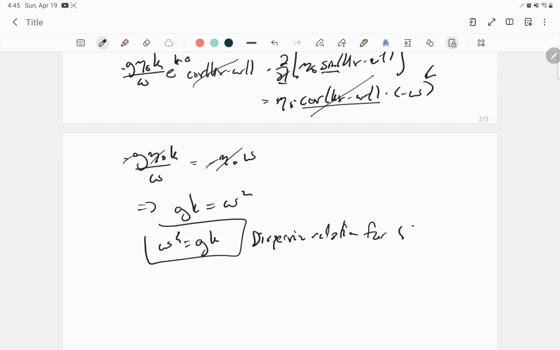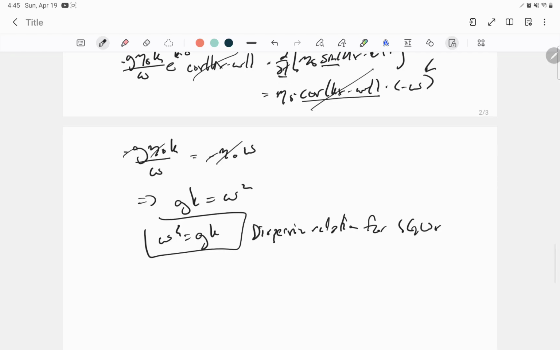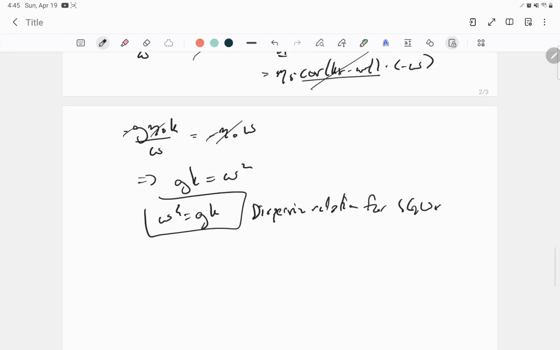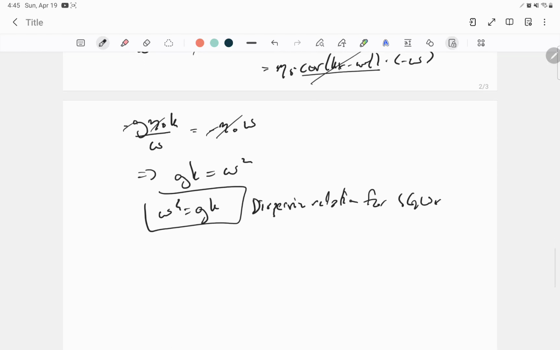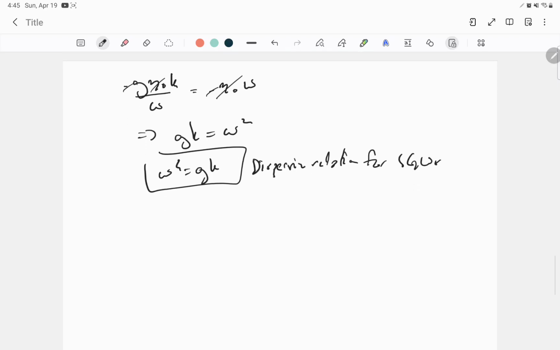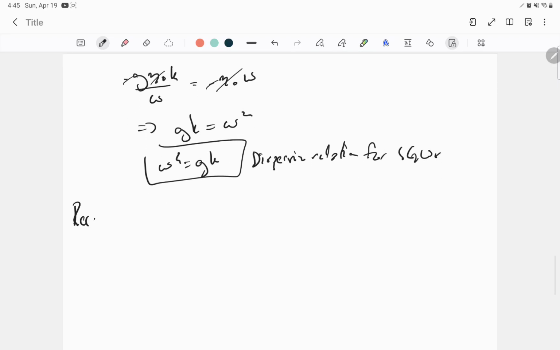for surface gravity waves. And so just like we had for sound waves, recall, for sound waves, we had omega squared equals cs squared k squared.